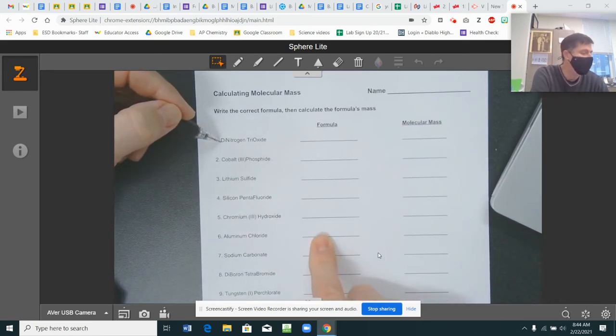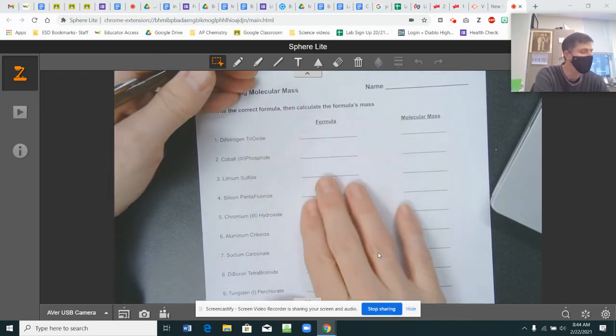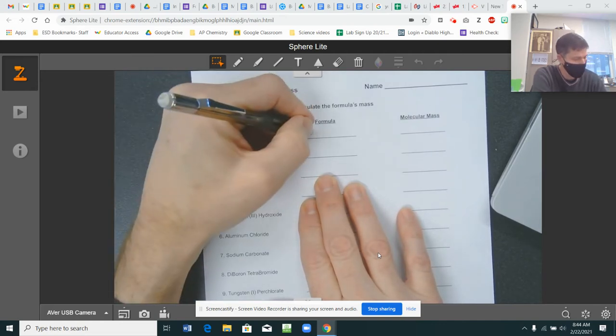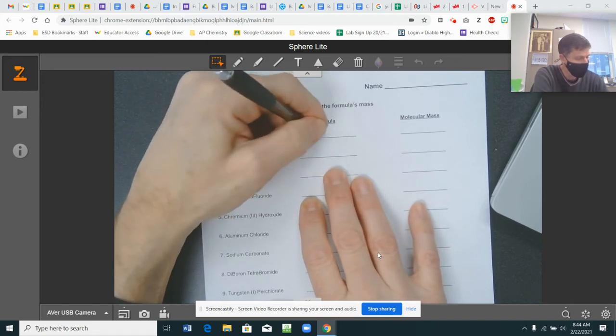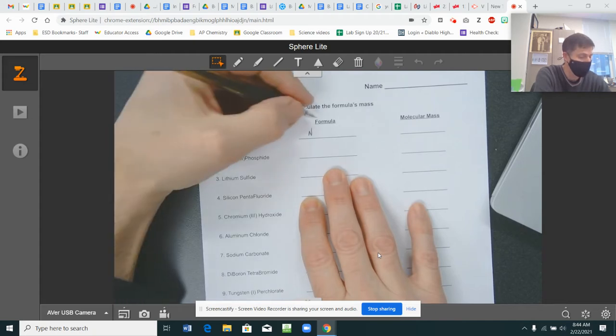Okay, di means what? 2. So if it's dinitrogen, that means I have what? 2 nitrogen. How would I show that I have 2 nitrogens? Do I put a 2 in front or 2 behind? I put it behind, right?